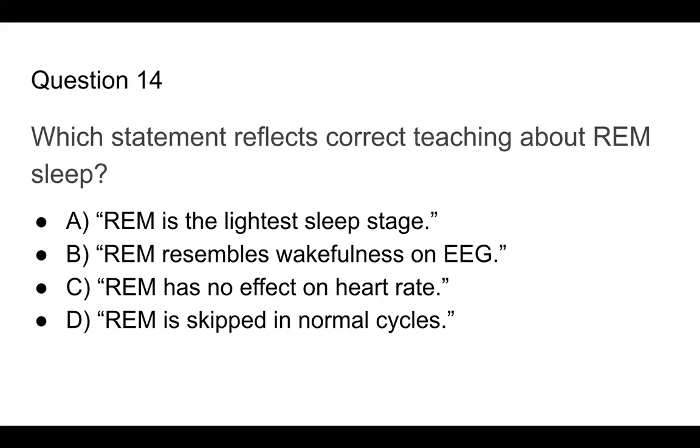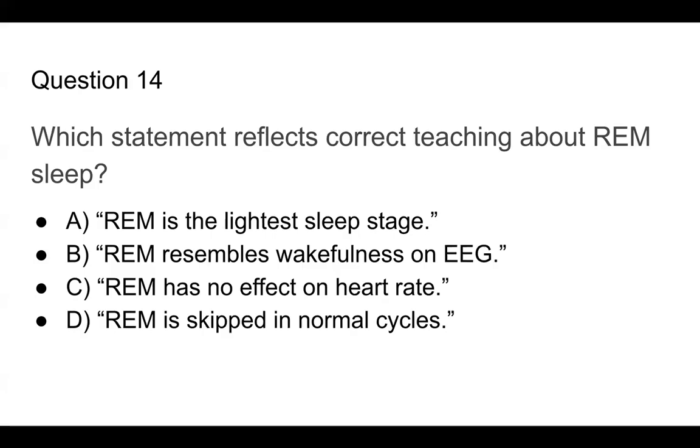REM resembles wakefulness on an EEG. So when we talk about REM sleep, we can see an increase in heart rate, BP, respirations, all of that because that's how the rapid eye movement phase works. And that's why on an EEG, it might resemble wakefulness.